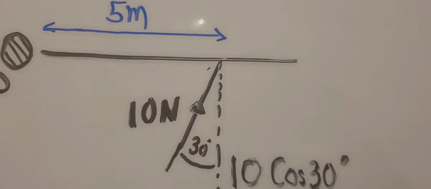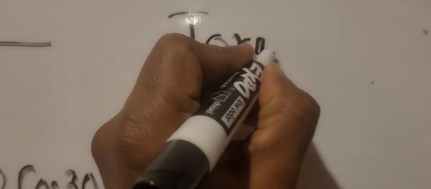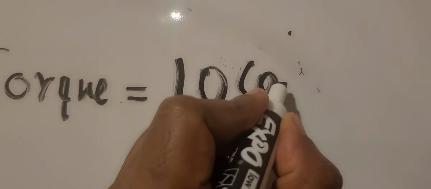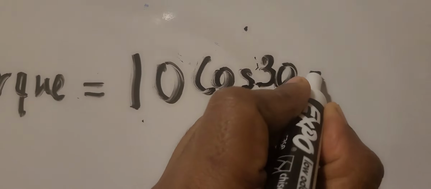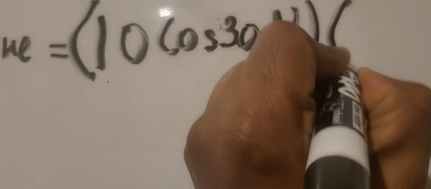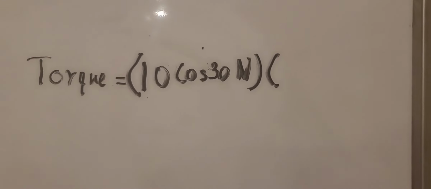So in this example again, we can find the torque. Force is 10 cosine 30 newtons, multiplied by the distance, which is 5 meters.